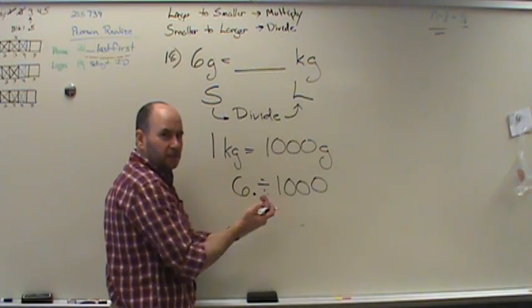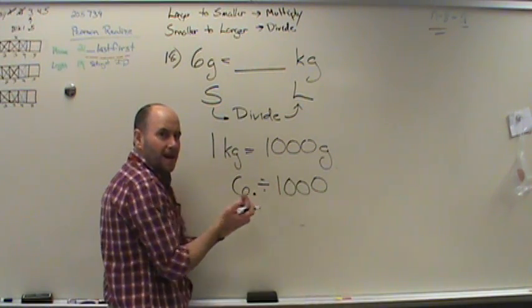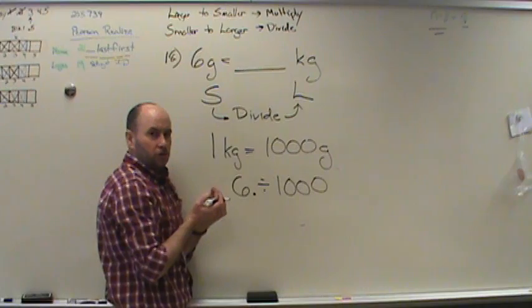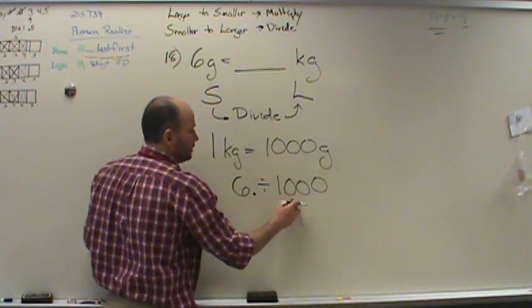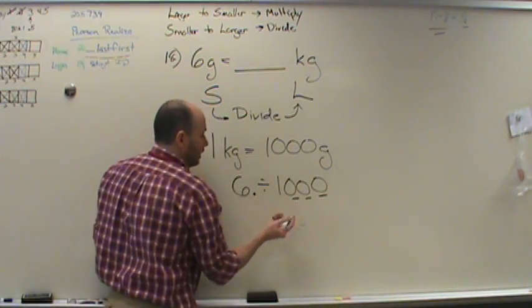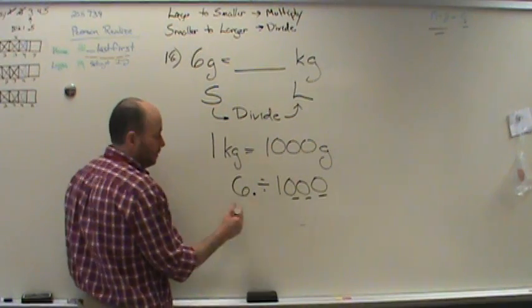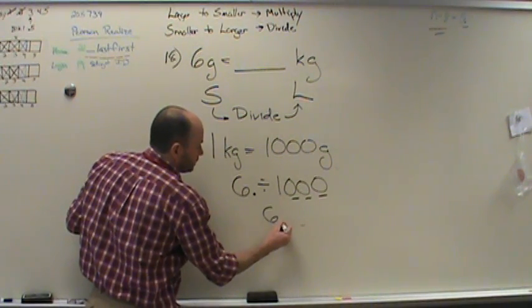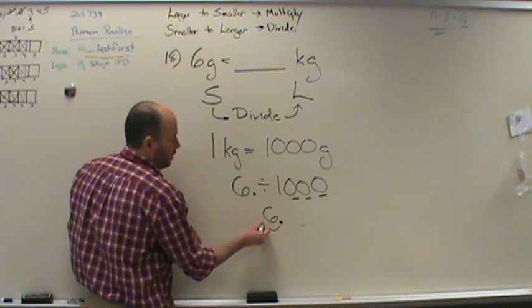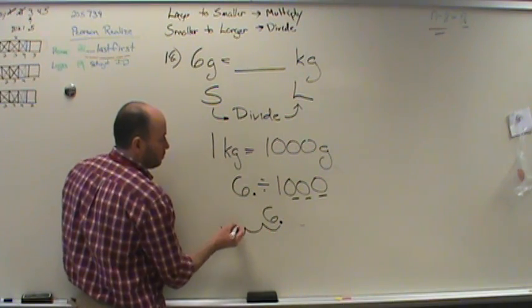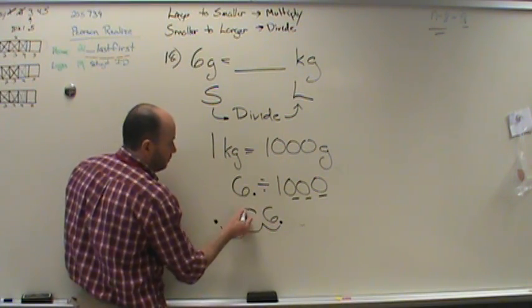Because you're decreasing the value of a number, so it goes left. And in this situation, we have 3 zeros, so we're going to move our decimal 3 places to the left. So if it's 6, we're going to come over 1, 2, 3 places, put our decimal point, fill in our zeros.